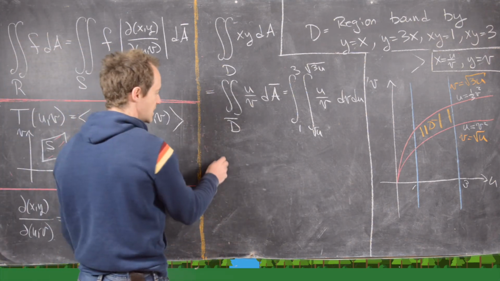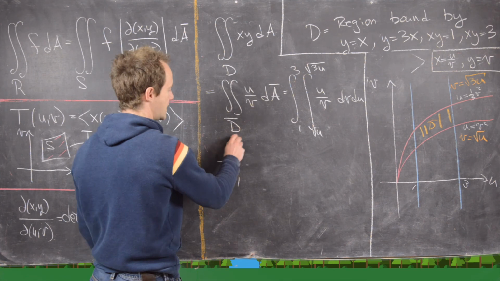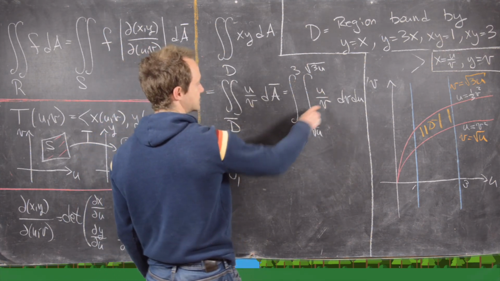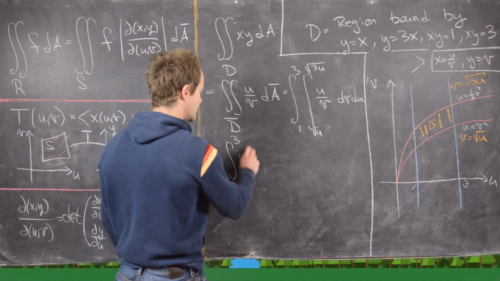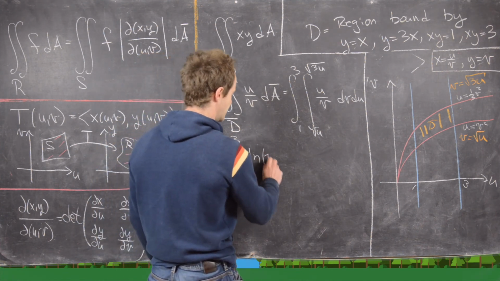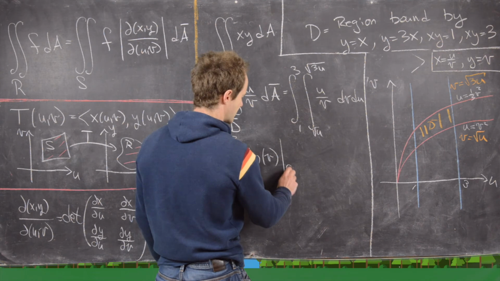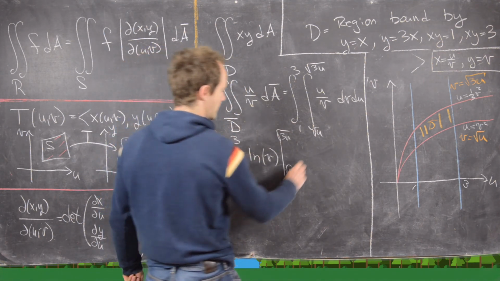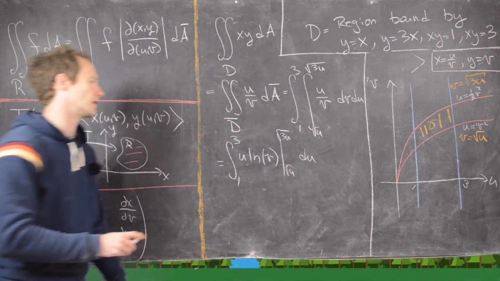Okay, so from here, this is going to be the integral from 1 to 3 of, so notice that u is a constant, so the inner integral will be u times the natural log of v. We're going to evaluate that from root u to root 3u, and then du. Okay, good.